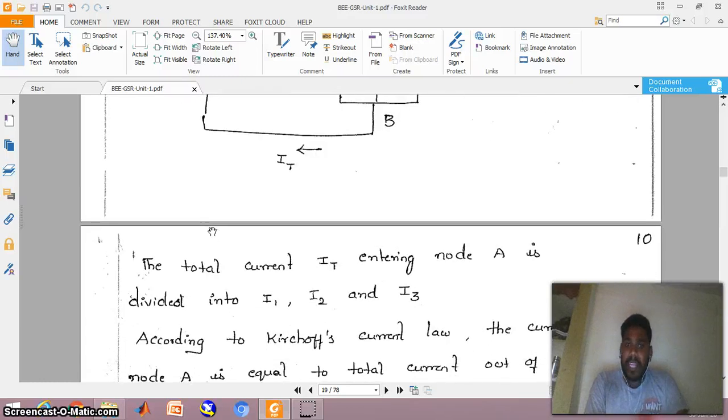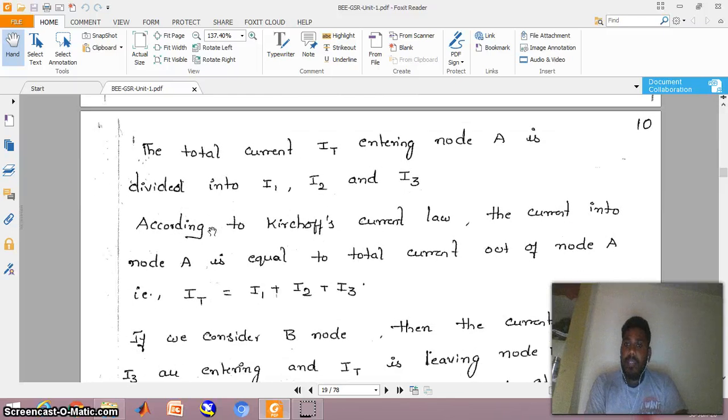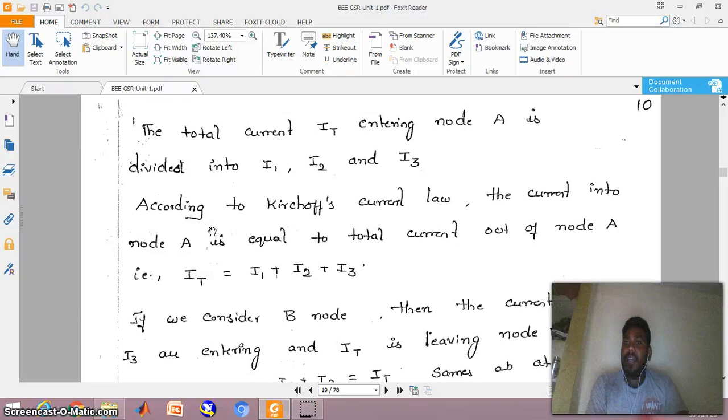So here total current IT is entering at node A and divided into I1, I2 and I3. According to Kirchhoff's law, the current entering into the node A is equal to the total current out of the node. So I total is equal to I1 plus I2 plus I3.